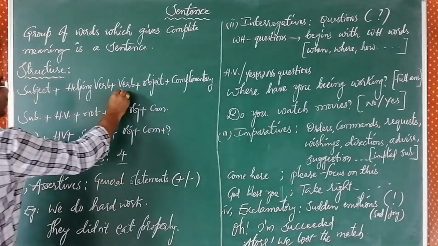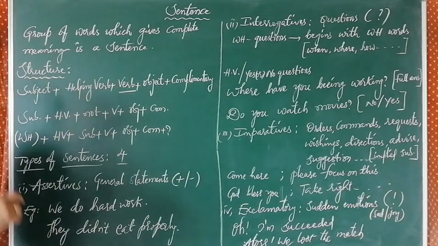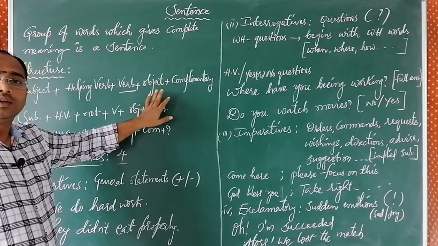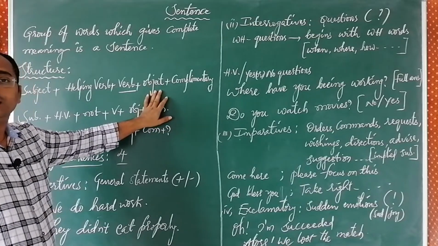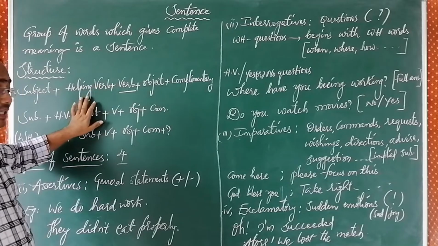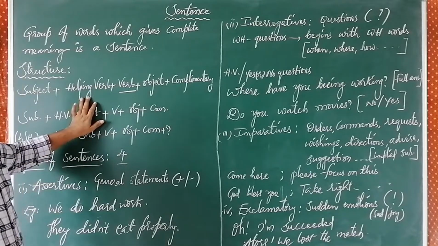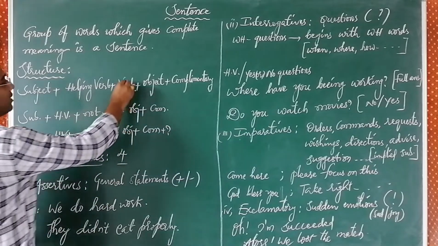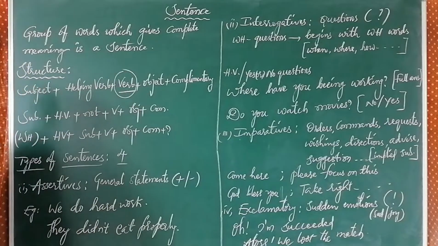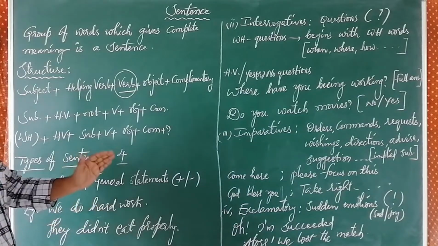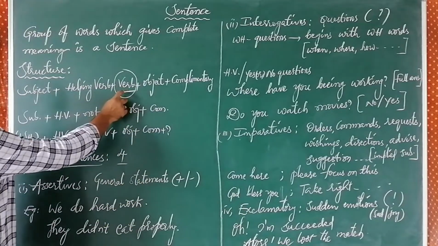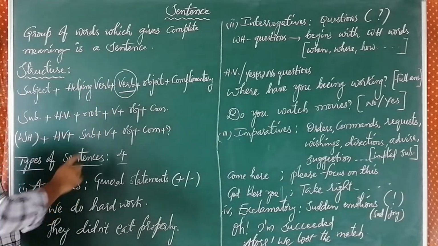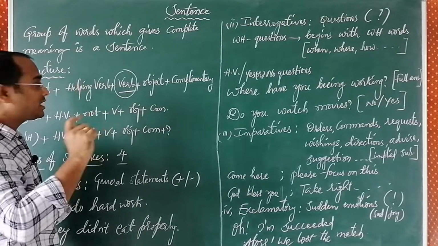But try to understand here: without complementary there is a possibility of sentence, without object there is a possibility of sentence, without helping verb there may be a possibility of sentence, without subject also there may be a possibility of sentence, but without verb it is highly impossible to frame a sentence. So we should consider the verb as the heart of the sentence.